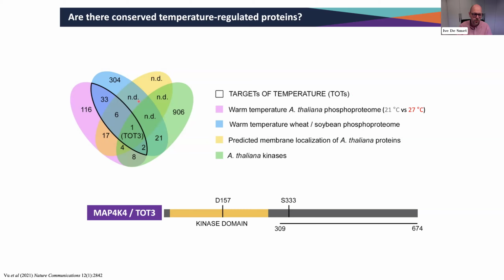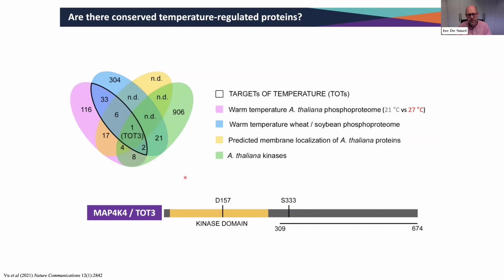And this is what you also see reflected here in this Venn diagram comparison. If we overlay the Arabidopsis, wheat, and soybean phosphoproteomes, we have this subset of proteins that is regulated in all of these species. So these are likely functionally conserved temperature-regulated proteins.